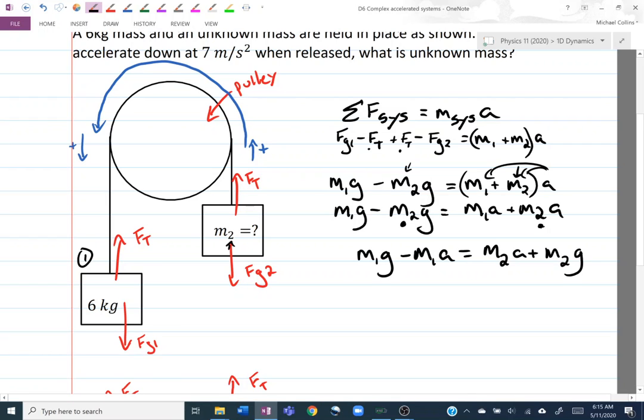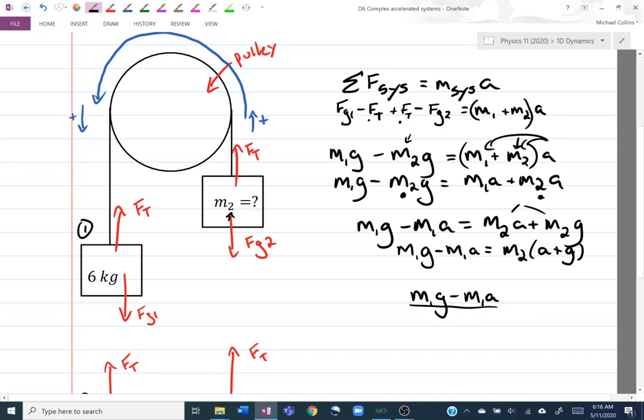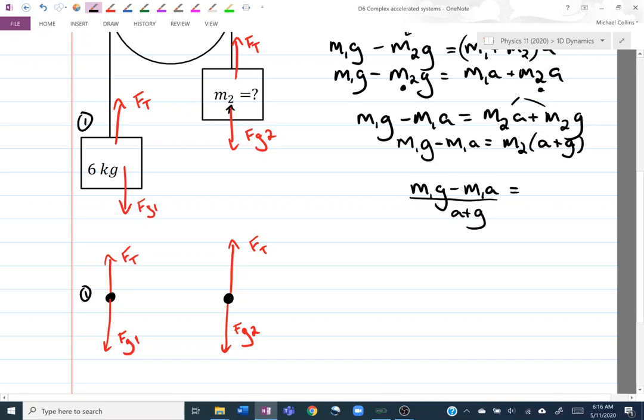So now I have both of my M2s on the same side of the equation, and I can factor it out. It is a common factor in both of those on my right-hand side. I end up with M1G minus M1A is equal to M2 factored out, and I'm left with A plus G. A little bit of rearranging, and I get M1G minus M1A divided by A plus G is equal to M2, our unknown mass.